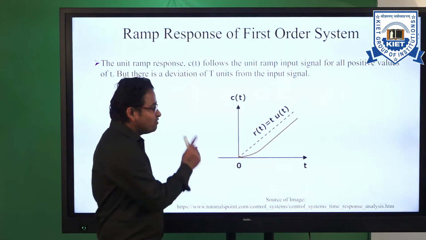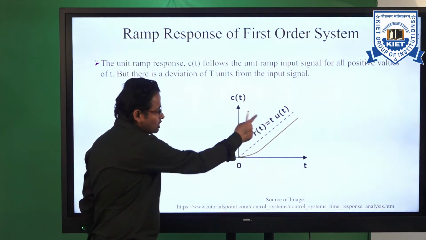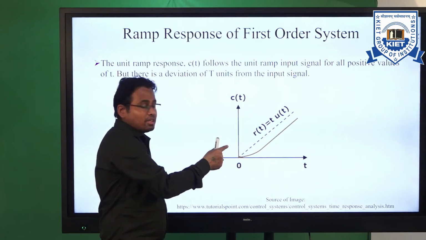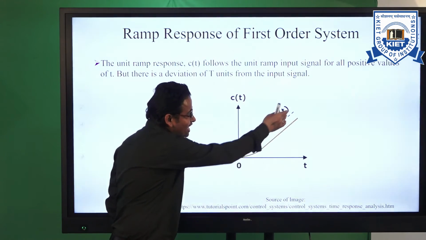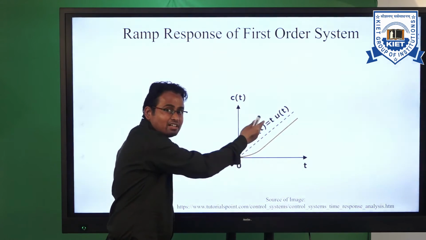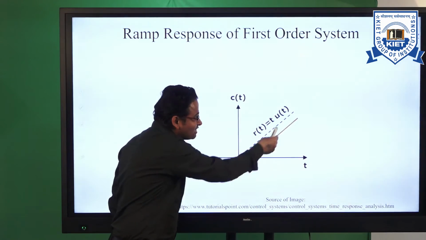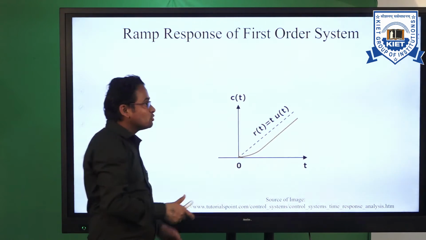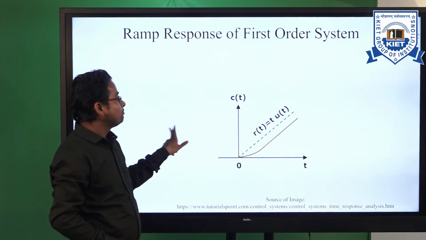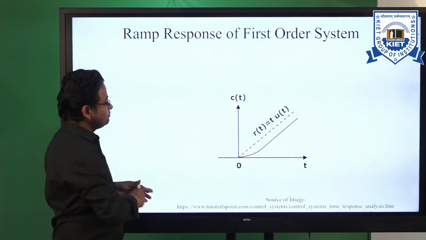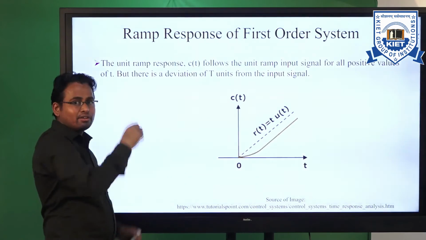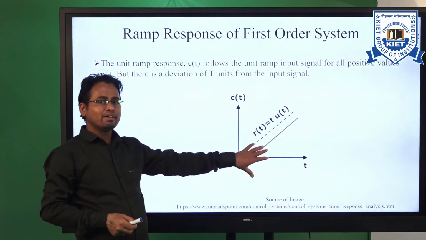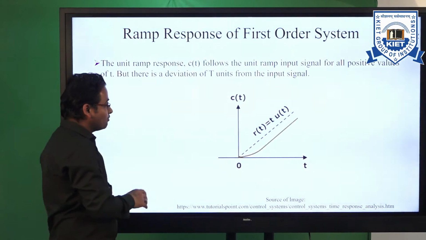In this particular diagram, if we look at both terms, that is the actual slope, dotted line, having a practical slope. Clear? You have to remember that is the outcome regarding ramp.